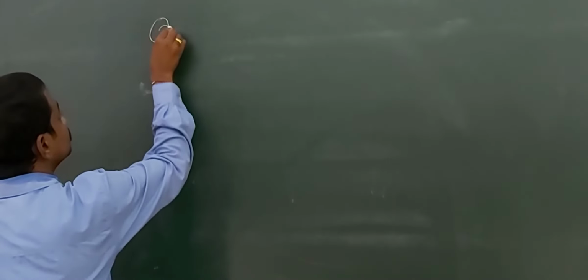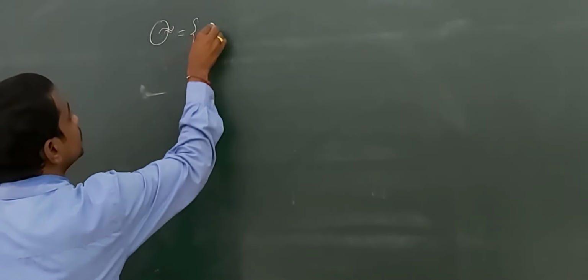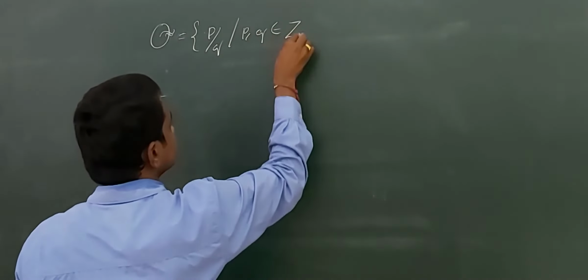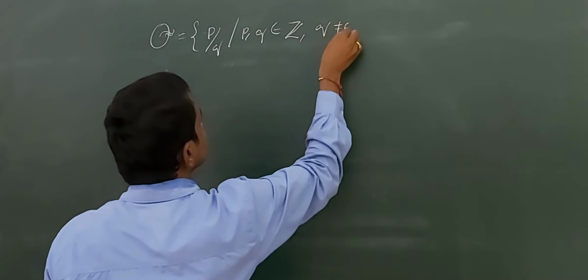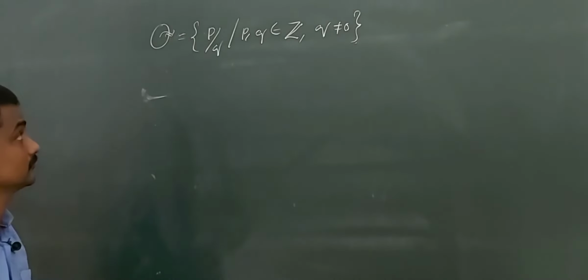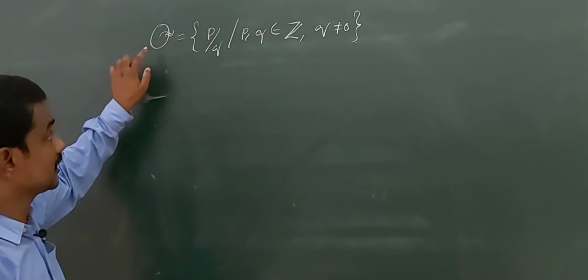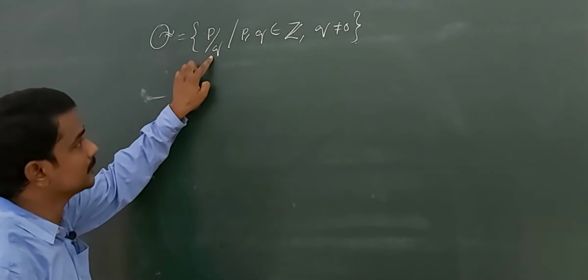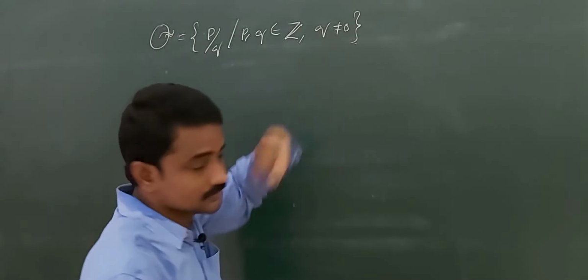Next, the set of all rational numbers. Rational numbers Q is equal to the set of p by q such that p, q belong to Z and q is not equal to 0. The set of all rational numbers has the form p by q, where p, q belong to Z, and the denominator q must be not equal to 0.